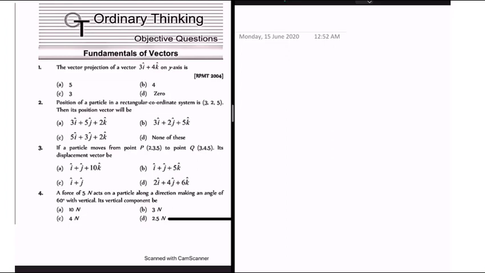In today's lecture, let us solve the MCQs. Okay, the first question. The vector projection of a vector 3i cap 4k cap on y-axis. The vector can be written as like this.